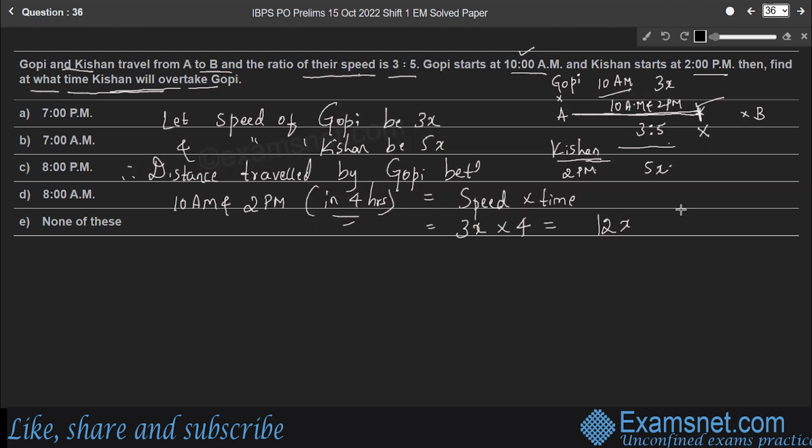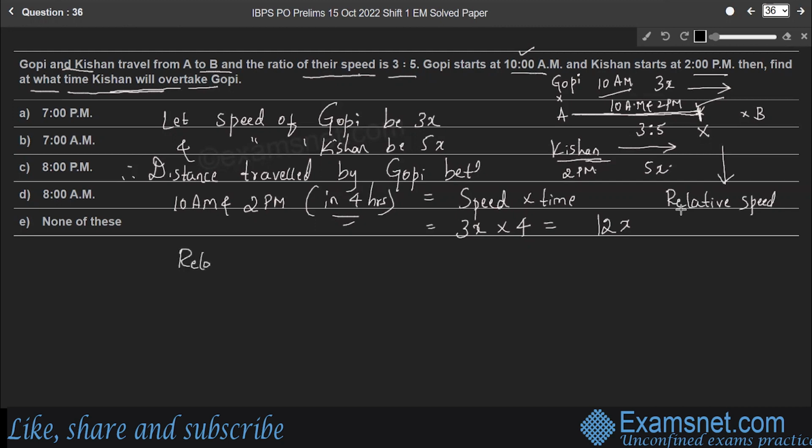So in this situation, both are traveling in the same direction with different speeds. When two persons are traveling in the same direction with two different speeds, we consider the term relative speed. So what is relative speed?